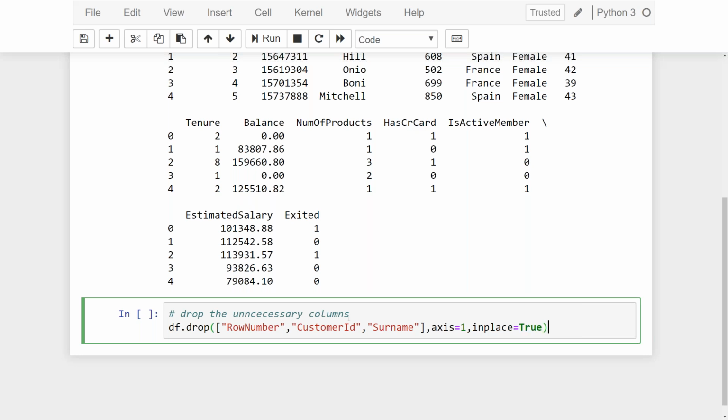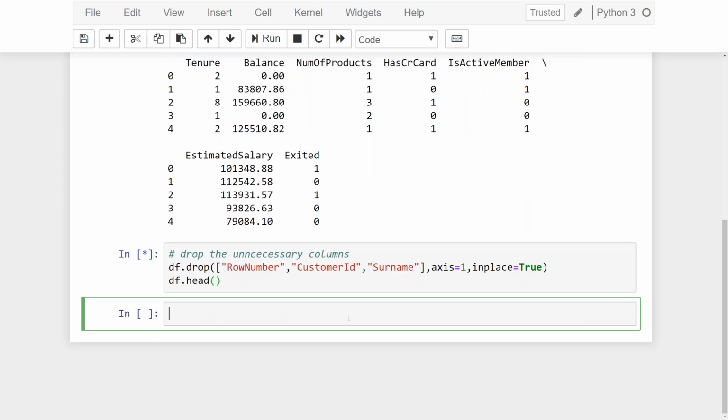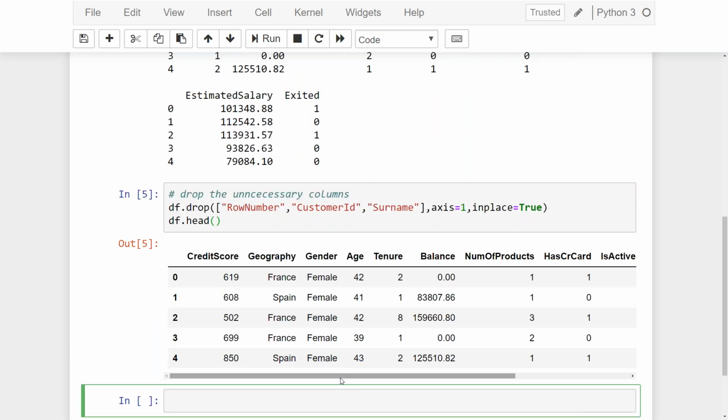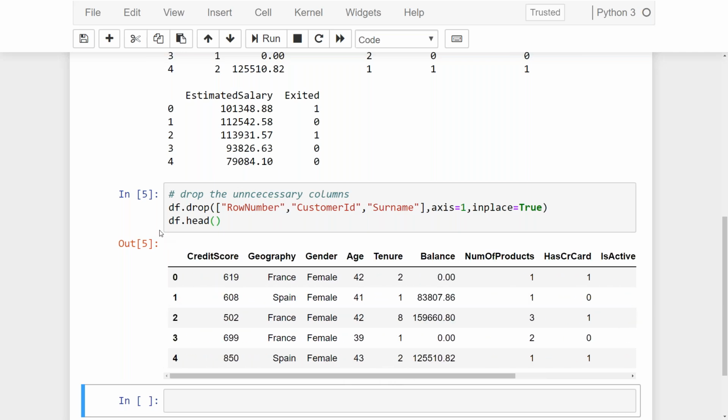Right, so this is going to help us drop them out. Let's look at df.head again. If you now look at df.head, you see that those columns are not available, and we have dropped them.